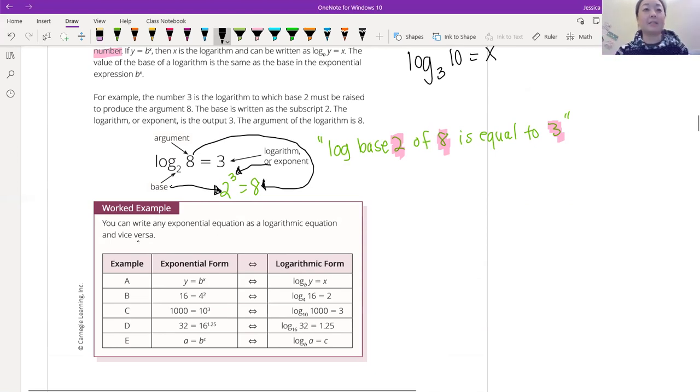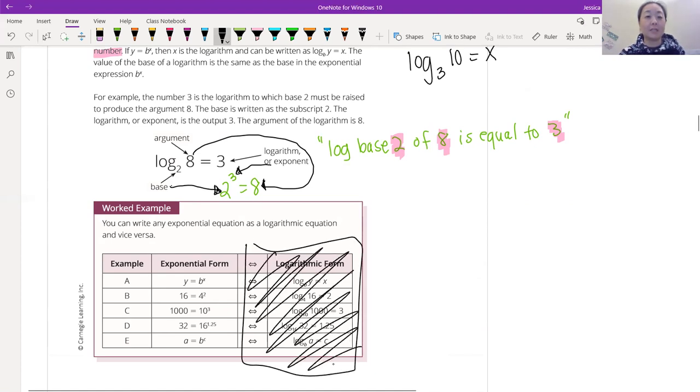Okay. So there's a couple of different ones for you if you want to practice them. Honestly, what I would do is take a piece of paper and put it over here and be like, I'm not going to look at this, and I'm just going to change these all to log form. So y equals b to the x power. So let's try this out. So log, what is my base?